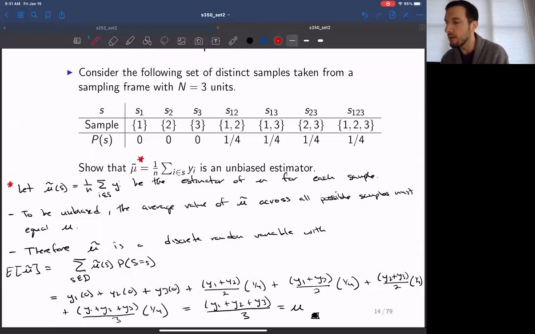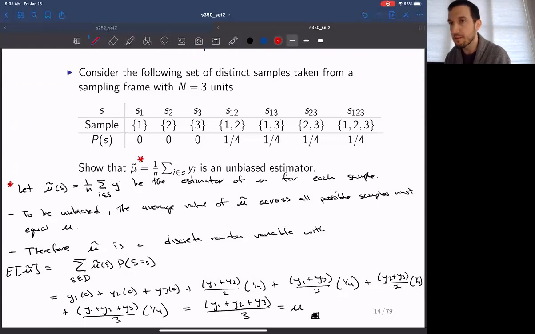So given the probabilities of each of the different possible samples from the frame of interest, we can show that the estimate of the population mean multiplied by the probability of observing that sample summed together is equal to y1 plus y2 plus y3 over 3.